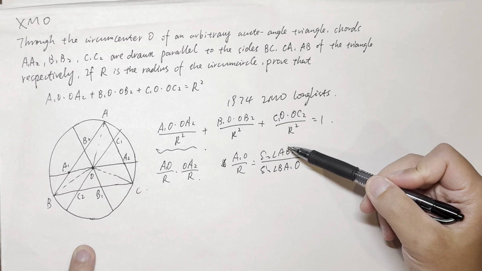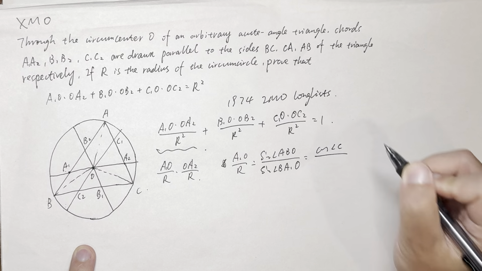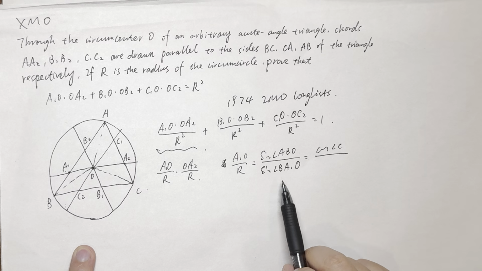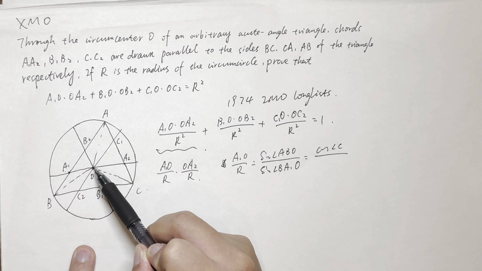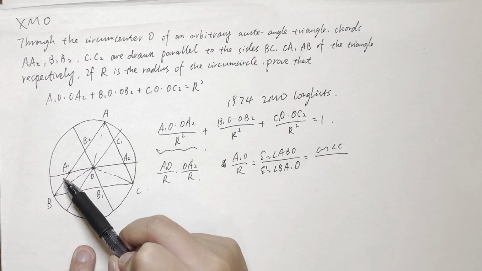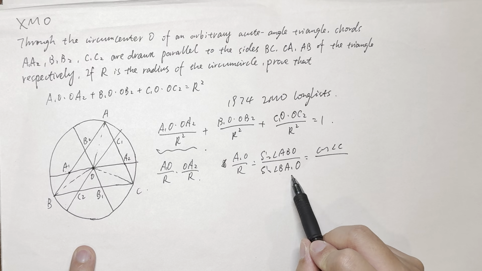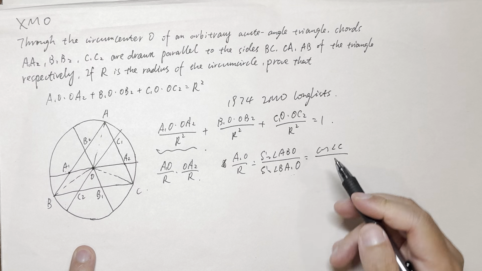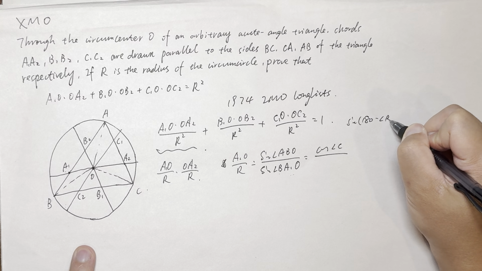So sine angle ABO is cosine angle C, divided by sine angle BA1O. Angle BA1O equals 180 degrees minus angle A1A2, and angle A1A2 equals angle ABC. So sine angle BA1O equals sine of 180 minus angle B, right?